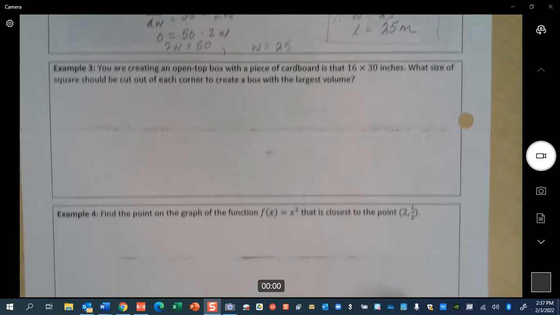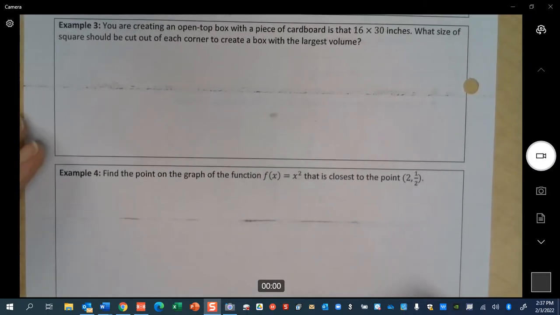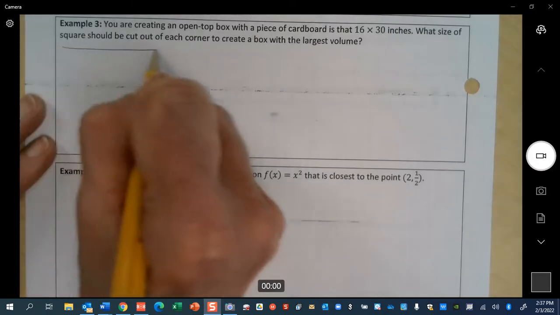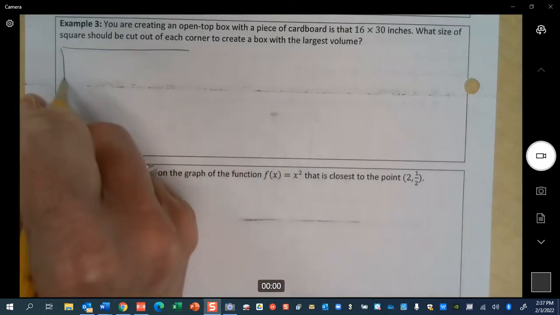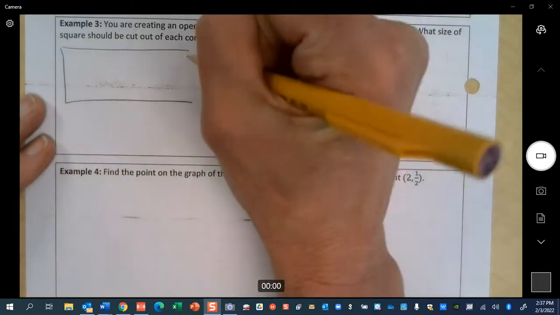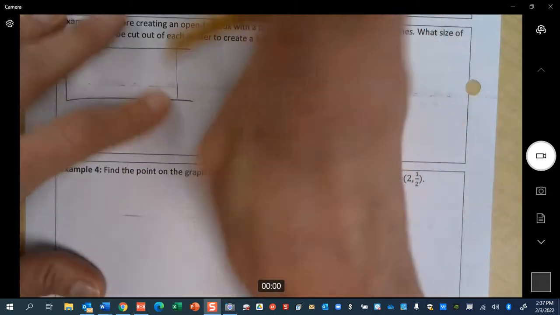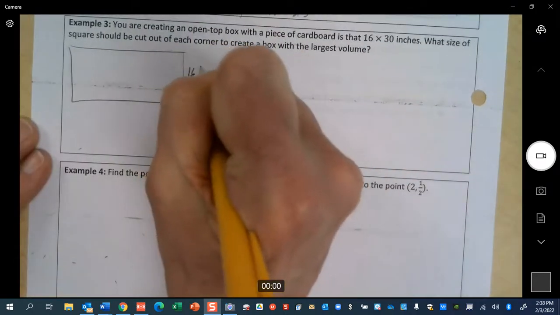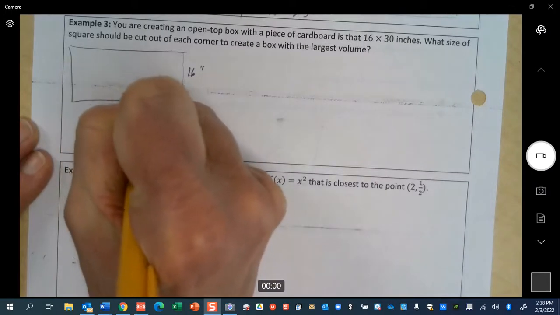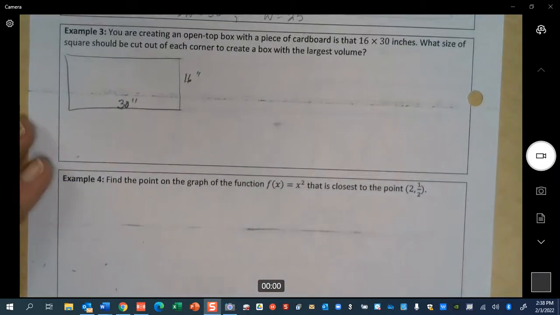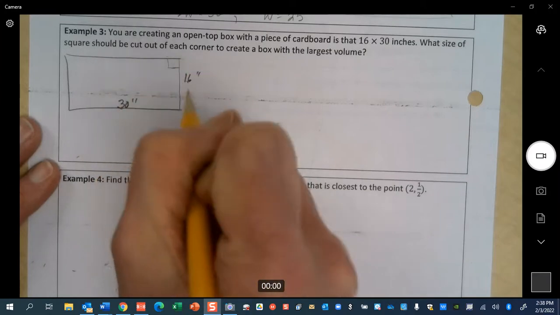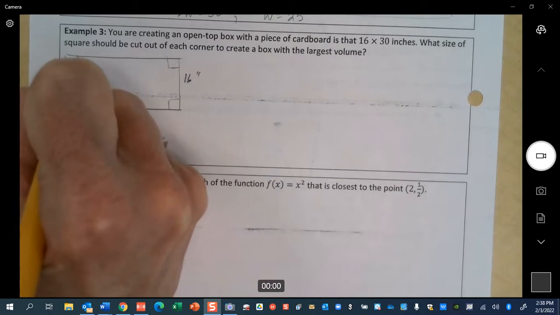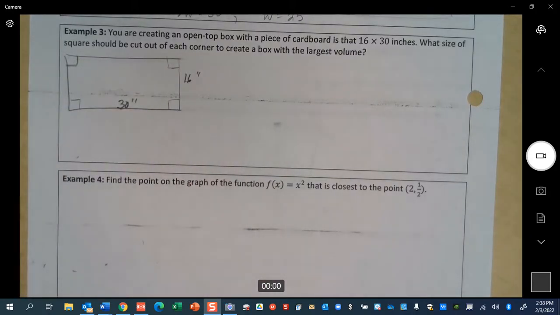All right, example 3, you're creating an open top box with a piece of cardboard that's 16 by 30 inches. So we have a 16-inch and a 30-inch box. I'm going to snip rectangles or squares out of the corners of my rectangle.